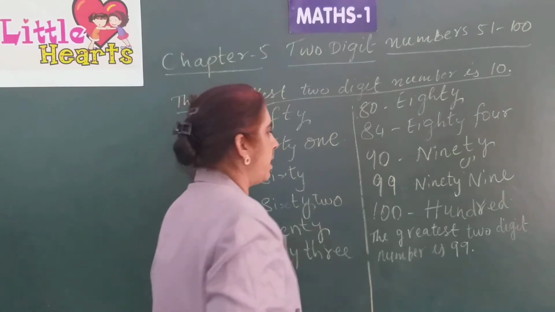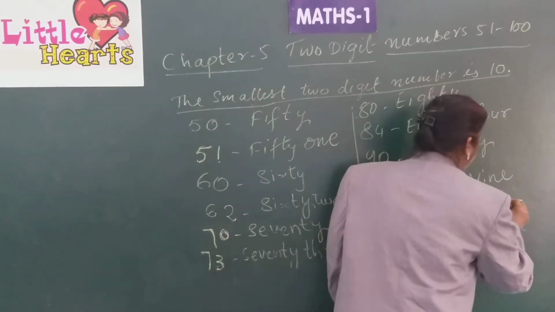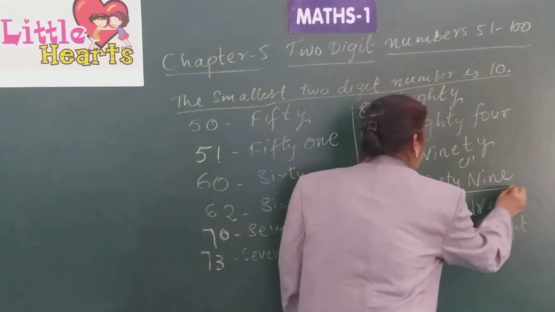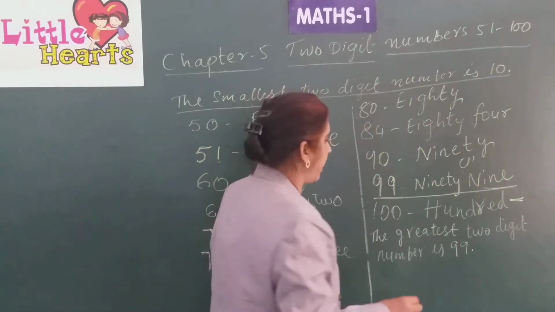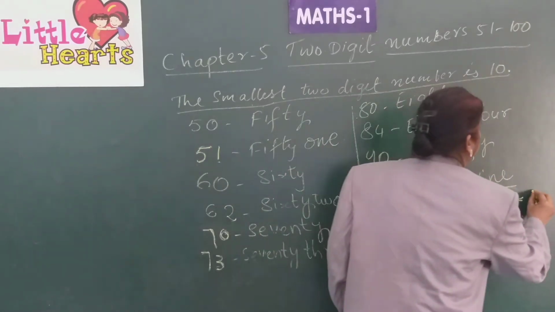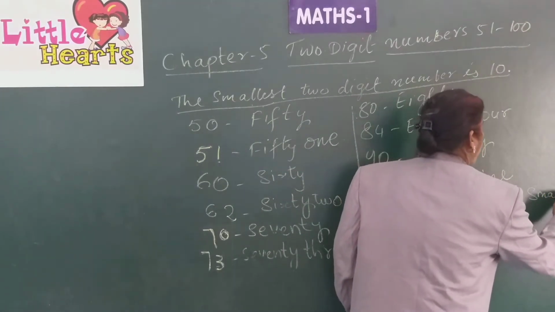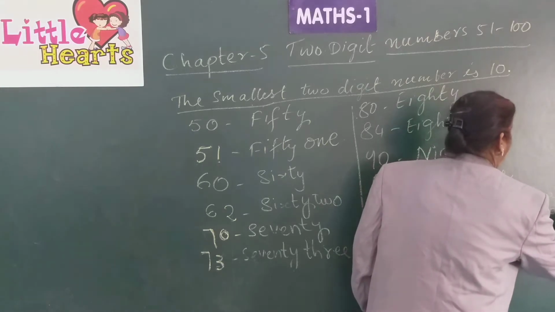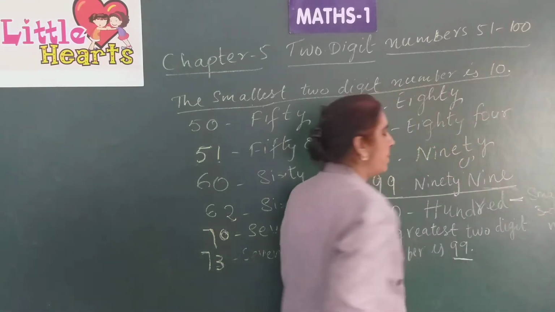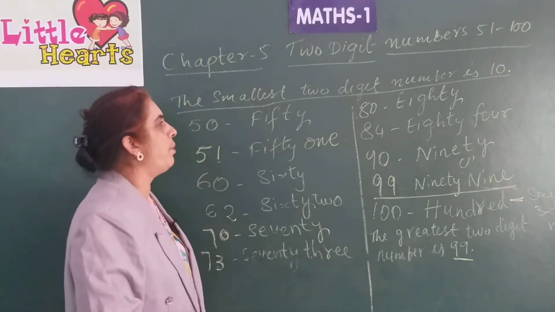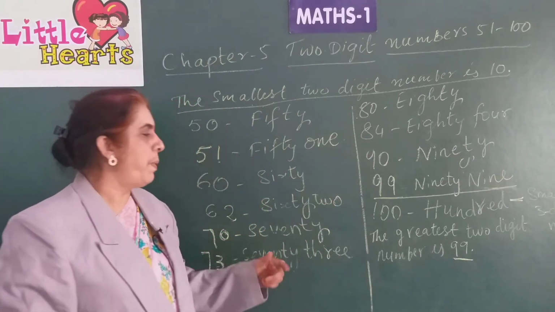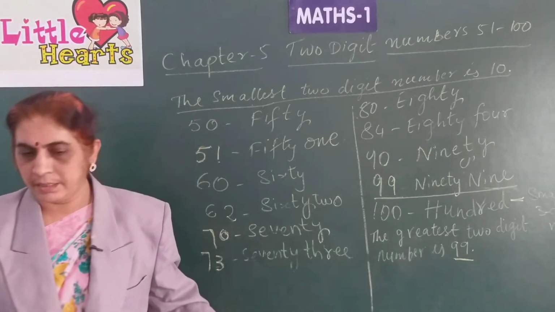This is the smallest three-digit number, and 99 is the greatest two-digit number. So now you should be able to write the numbers from 1 to 100 and even their spellings.